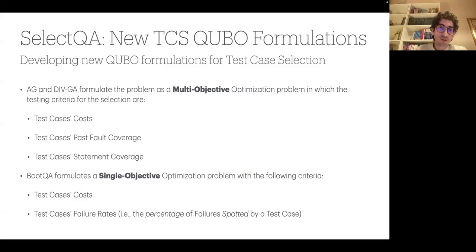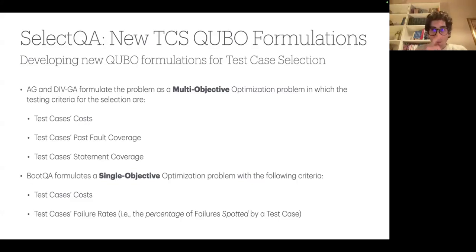And not only this, but the selection criteria were also different. In fact, the traditional state-of-the-art used as selection criteria test case cost, past fault coverage, and statement coverage. On the other hand, BootQA in its presentation paper uses test case cost and failure rates.